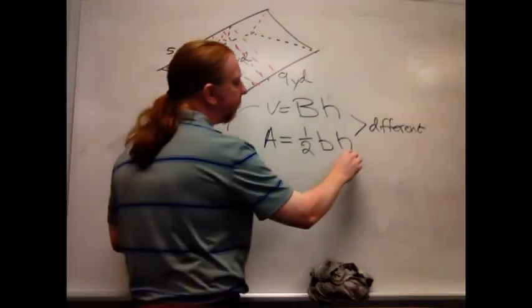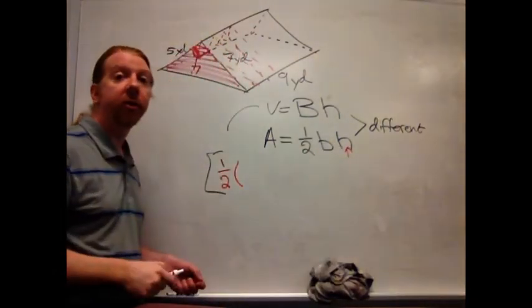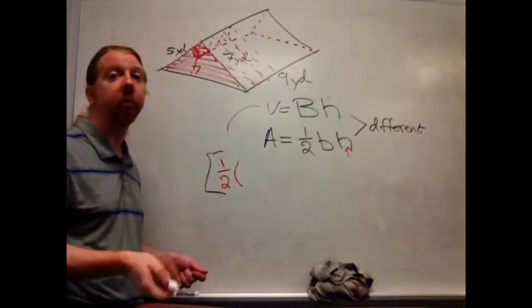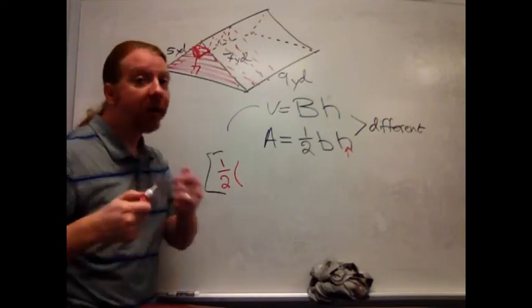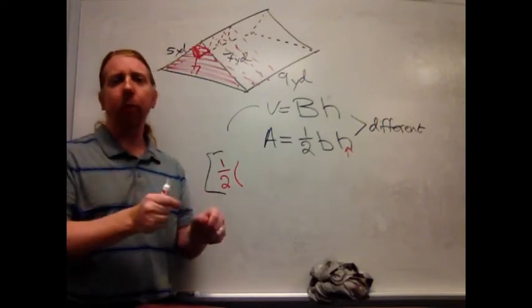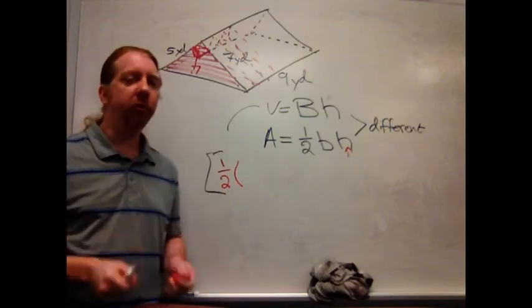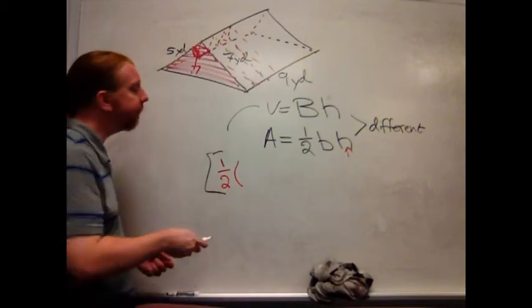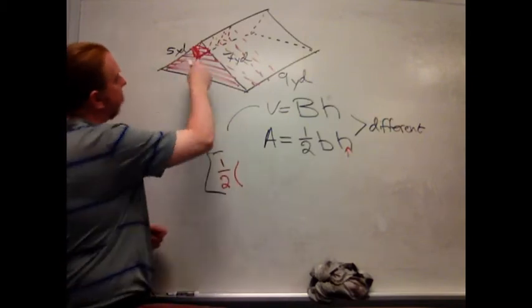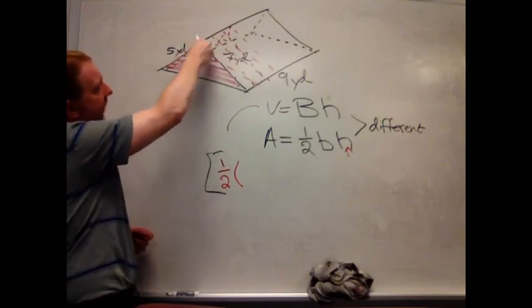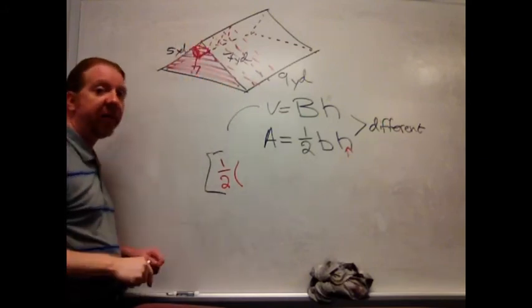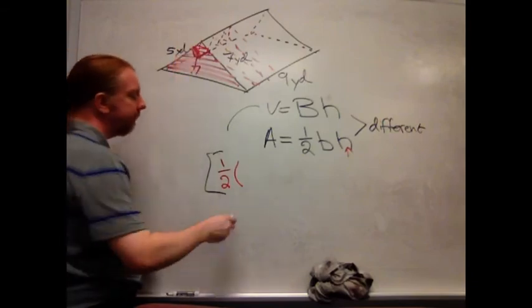In fact, many times you'll see this height referred to as the altitude of the triangle, as opposed to the height of the triangle. Part of that reason that we were so pointed at back when we covered that was to avoid confusion now. So 1/2, I'm going to use this as the base, and this is the altitude of the triangle. I can flip them around since there's a right angle there.